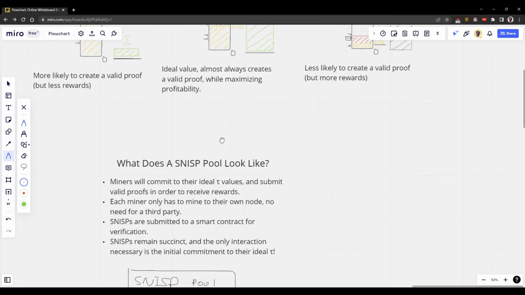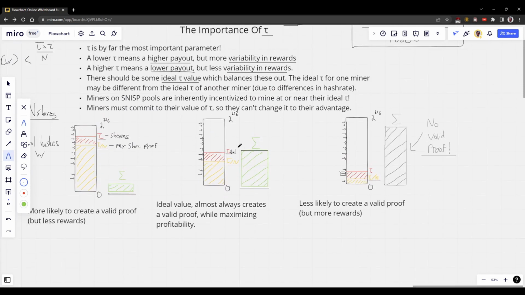Now, just to clarify a little bit, the ideal TAW value might be different for everybody, not just because of hash rate, but because some people have different risk to reward ratios that they feel comfortable with. So maybe someone wants to risk a little bit and get a slightly higher reward by decreasing their TAW value a little bit below their ideal TAW. That's okay.